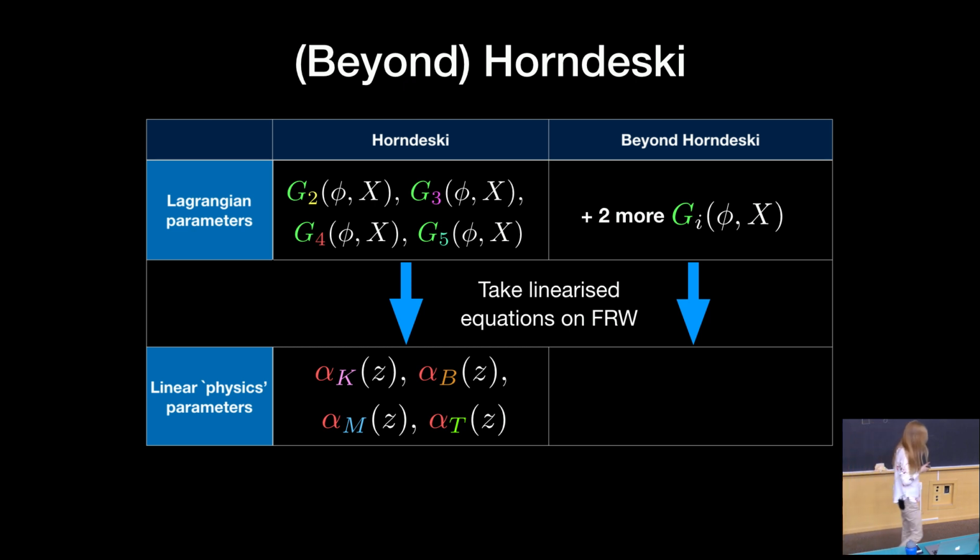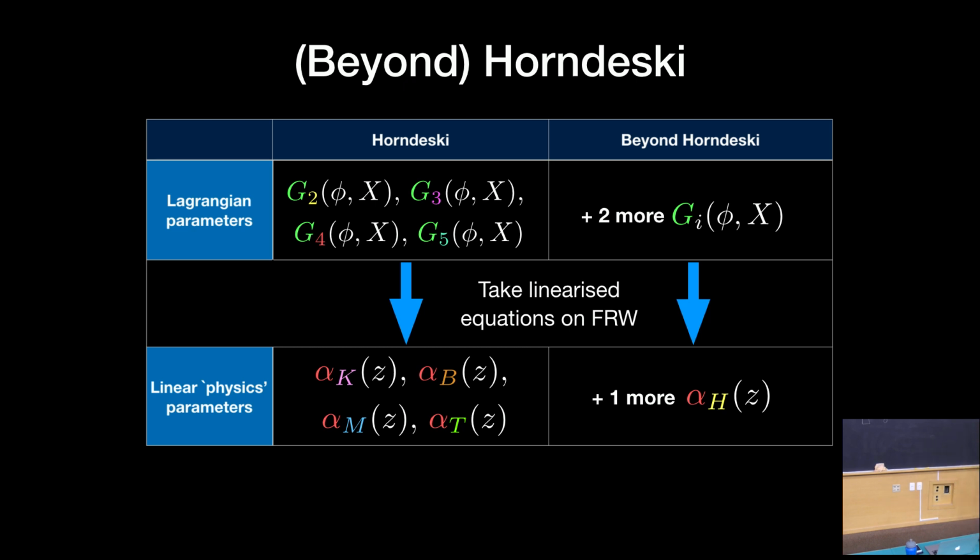Okay, so these are the things we actually want to work with. I know it seems a bit excessive, I need to tell you about both because the theory results I want to tell you about in a moment will involve both alphas and Gs. Again, the Beyond Horndeski extension basically just adds one more parameter to the set.